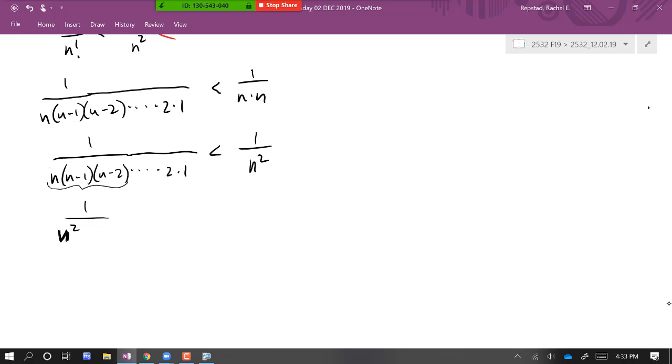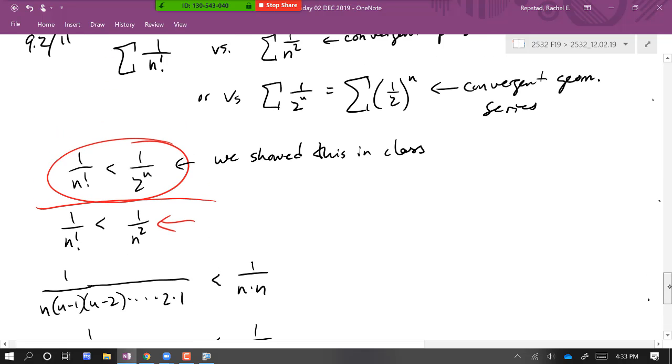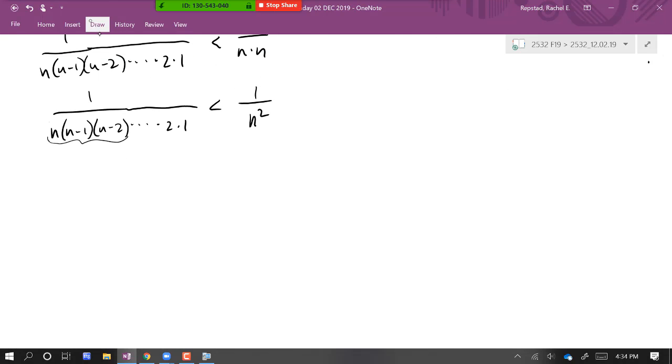But if we look at it with either the geometric or the p-series, then we can just say, okay, based on those rules, this series converges. I think it's easiest to do it with the geometric one because we established that already in class. With this one, maybe we could even multiply both sides by n first to get rid of one of those.